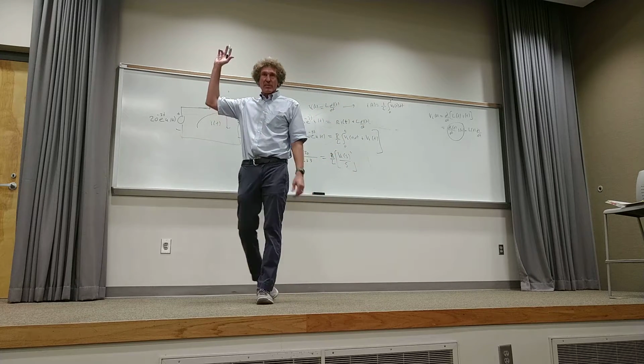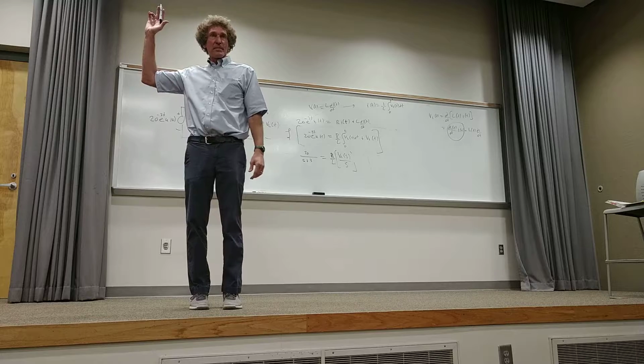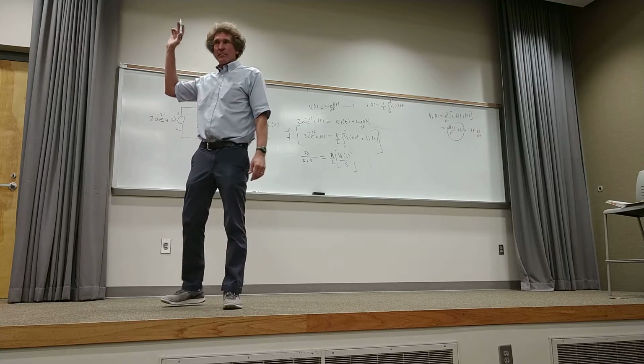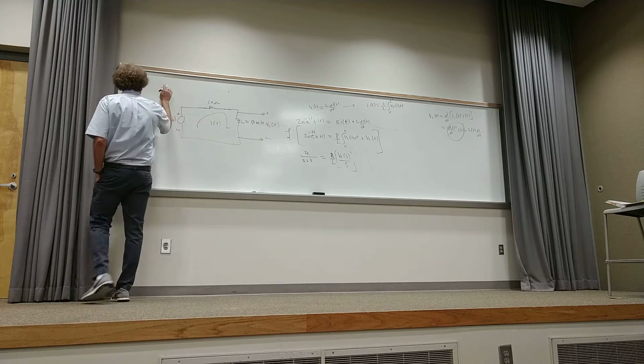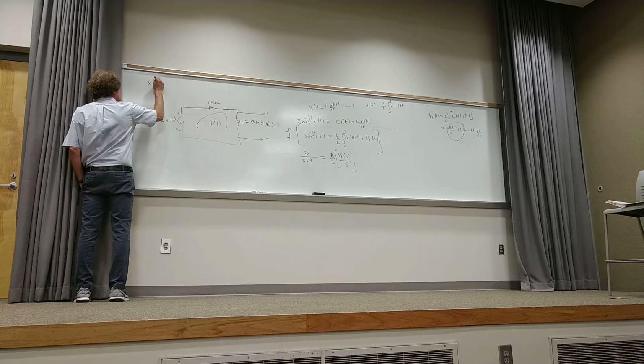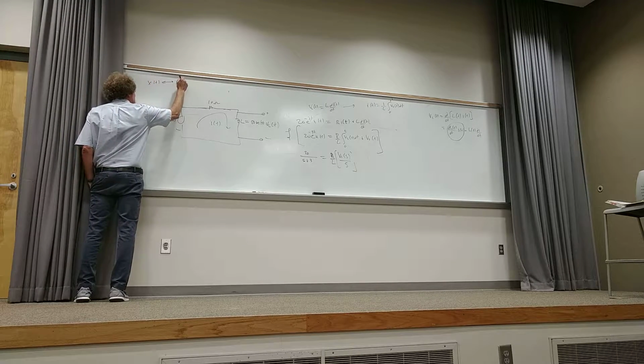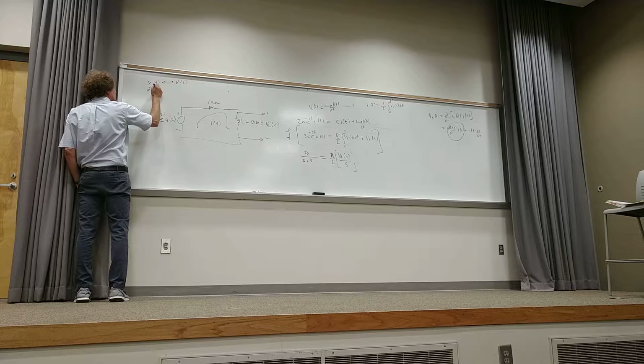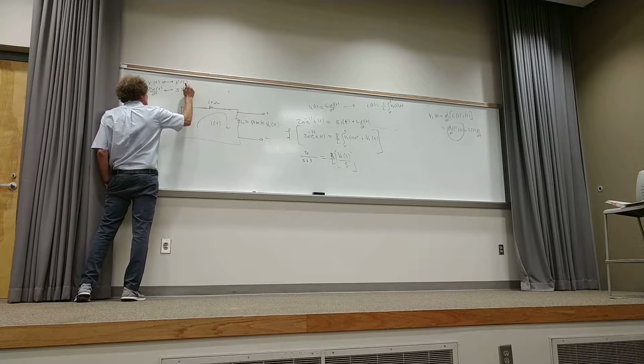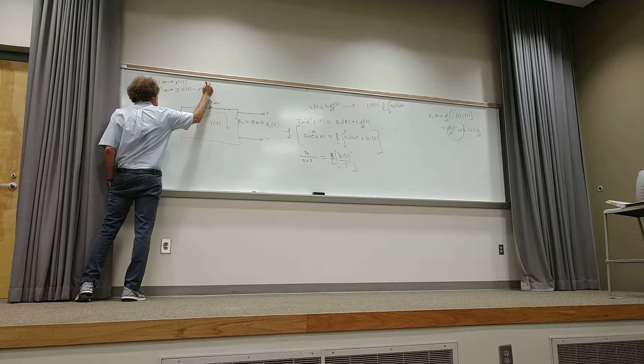How many see this property? Make sure you see it. You remember, right? If you had x of t go to x of s, and I have dx of t dt, that goes to s x of s minus x of 0 minus, right?